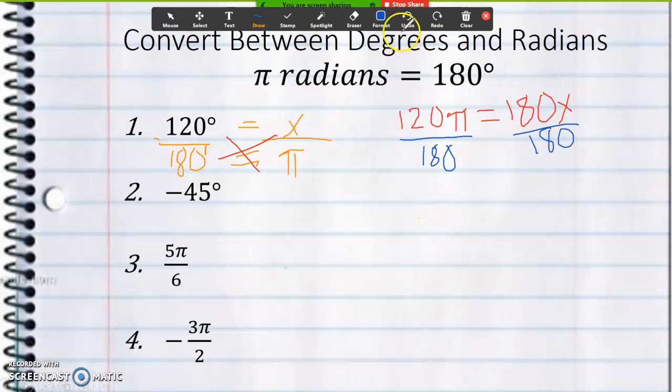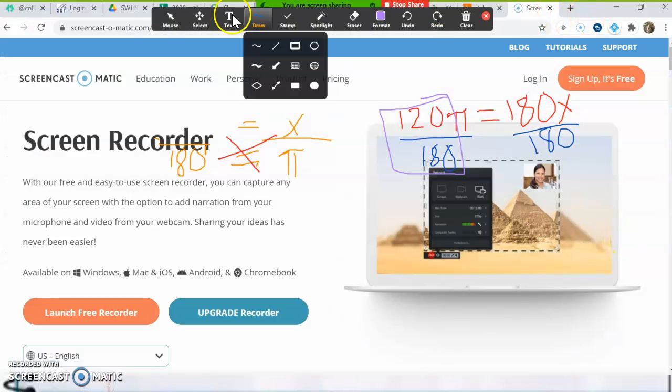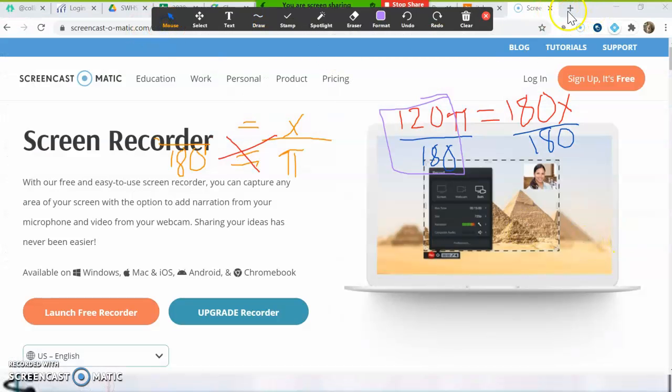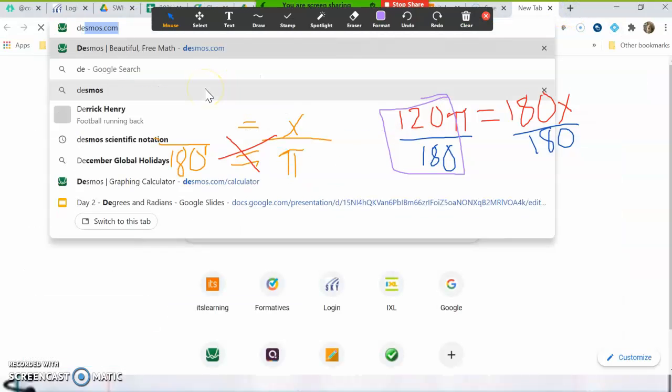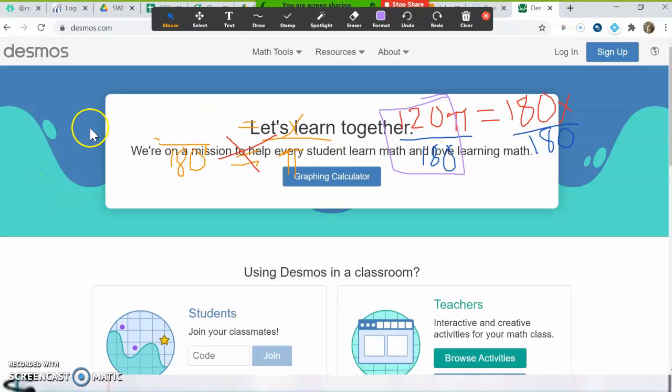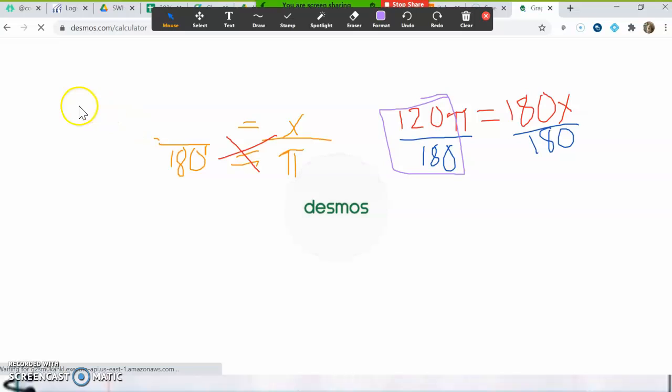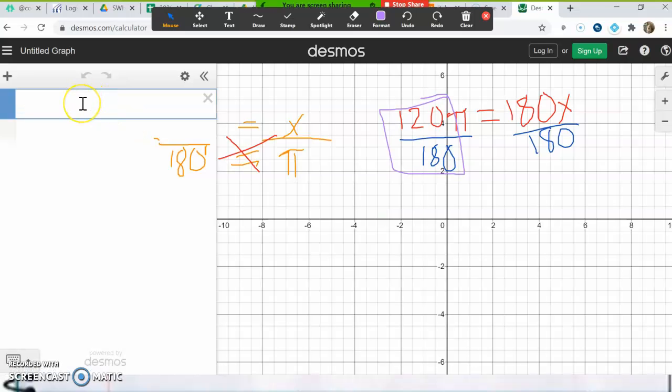So I'm going to simplify 120 divided by 180. I'm just going to go to my calculator. And that's 2/3.